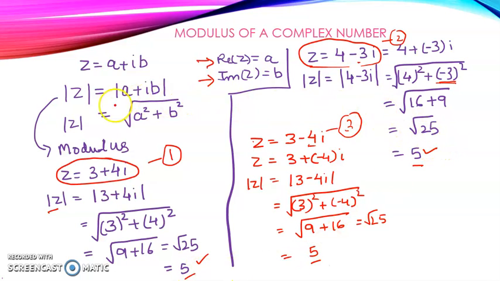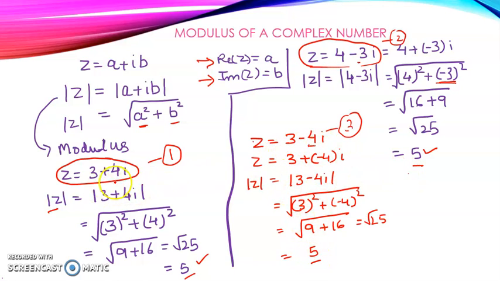What I am trying to explain to students is that the modulus of z is the square of the real part plus the square of the imaginary part, and its square root. Even if it is negative, it will be the same. So the modulus of 3 plus 4i is 5, the modulus of 4 minus 3i is 5, and the modulus of 3 minus 4i is 5.